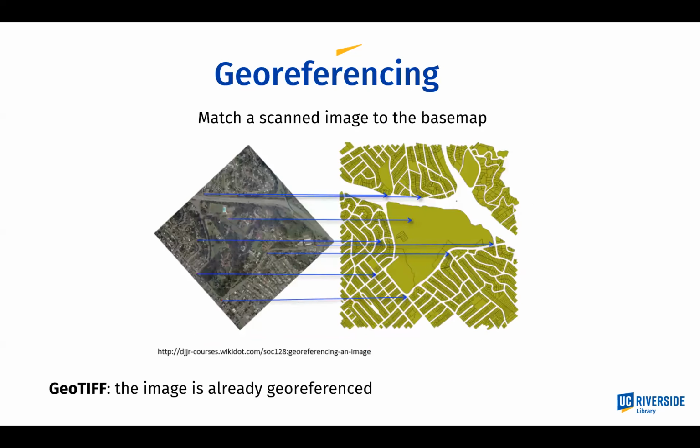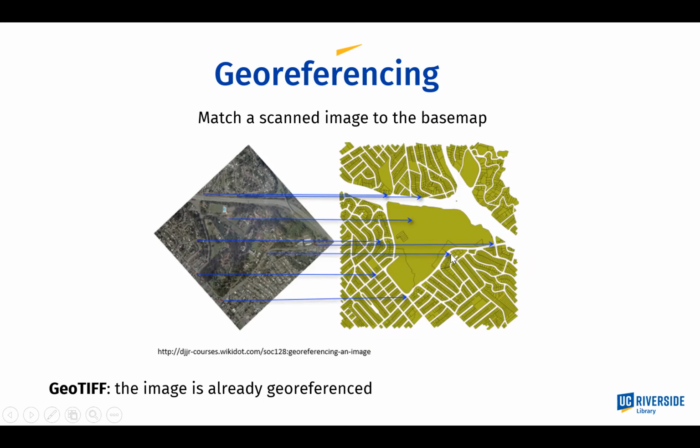So georeferencing. What this does is if you have an image that you're loading into a GIS, it's not going to know initially where to put that image. It's just going to float out in space somewhere until you do this process called georeferencing, which is you would want to find readily identifiable features.